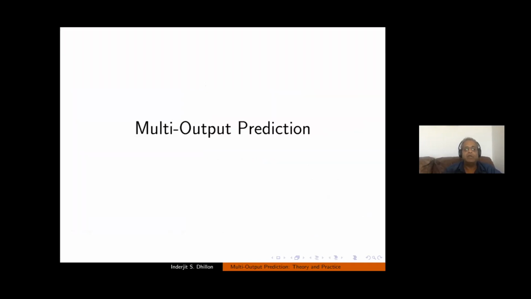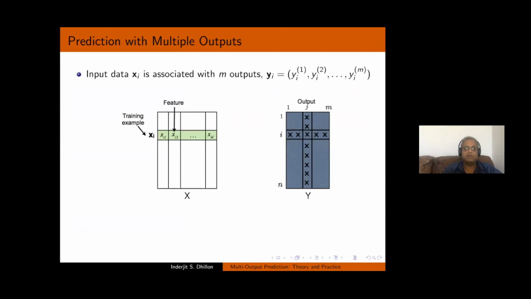So today, of course, I will talk about multi-output prediction motivated by some of the modern prediction problems that I talked about, for example, Wikipedia tag recommendation. So let me set the stage. I will be using this kind of picture quite a lot. The scenario is that we have training data, which is assembled in a training data matrix.